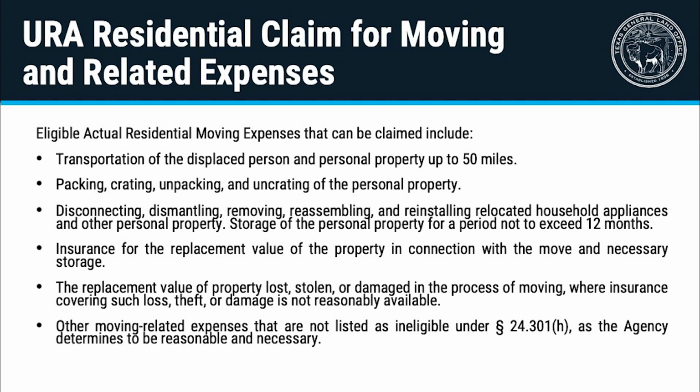Eligible actual residential moving expenses that can be claimed include transportation of the displaced person and personal property. Transportation costs for a distance beyond 50 miles are not eligible unless the agency determines that relocation beyond 50 miles is justified. Packing, crating, unpacking, and uncrating of the personal property.